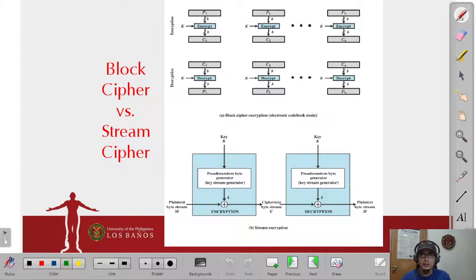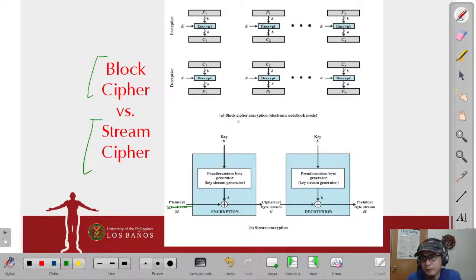This figure illustrates the difference between block cipher and stream cipher. As I said, in a block cipher the encryption is done by blocks, whereas in the stream cipher the encryption is done by byte stream. Let's look at the first figure.